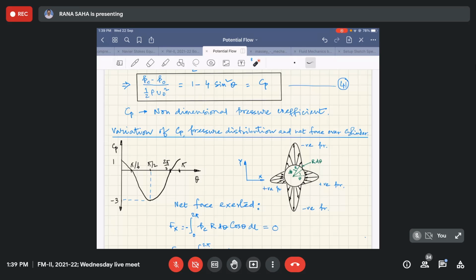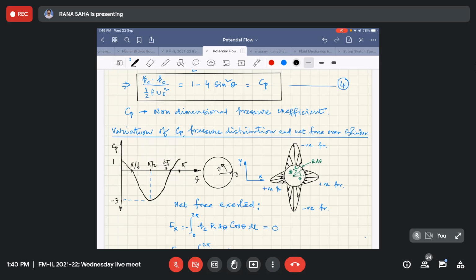against theta. Theta, if you consider this to be the cylinder, then say, this is the direction of theta. So this is the starting point 0, and full rotation gives you 2 pi.